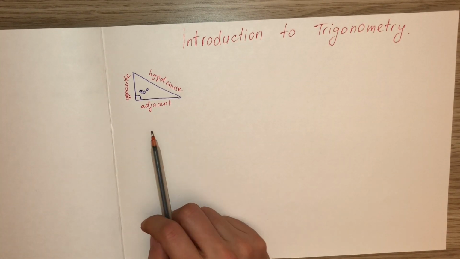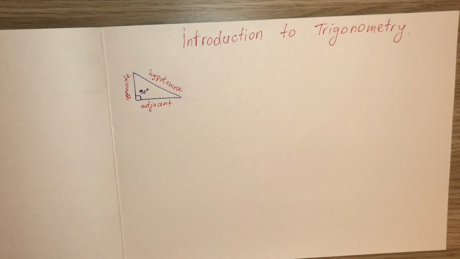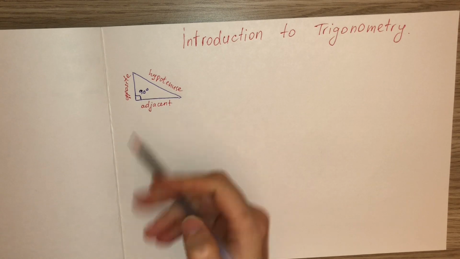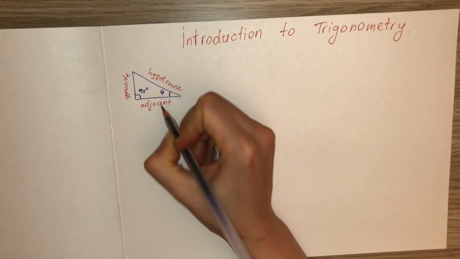We will study the trigonometric functions today. The trigonometric functions are elementary functions, the argument of which is an angle. They describe the relation between the sides and angles, and let this be the angle theta.